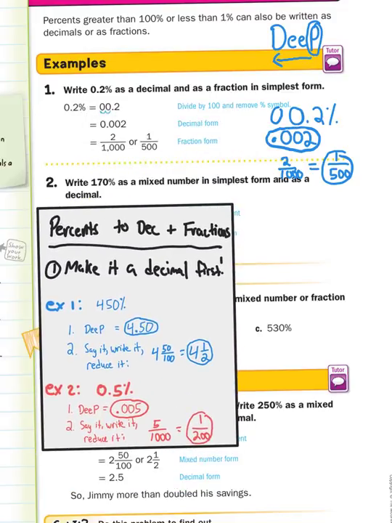In example 2, now we have a percent that's greater than 100%. It says write 170% as a mixed number in simplest form and as a decimal. So remember, make it a decimal first. This will be your easiest bet. So since it's a percent, I'm going to use DEEP again. So let me write it down. It's 170%.